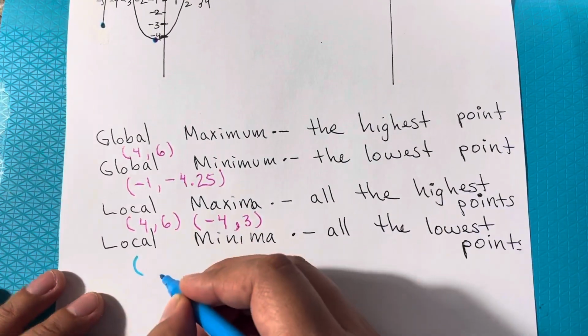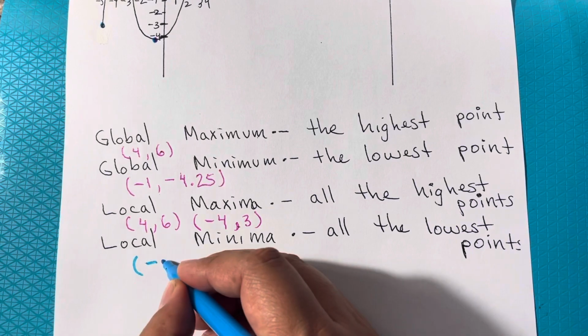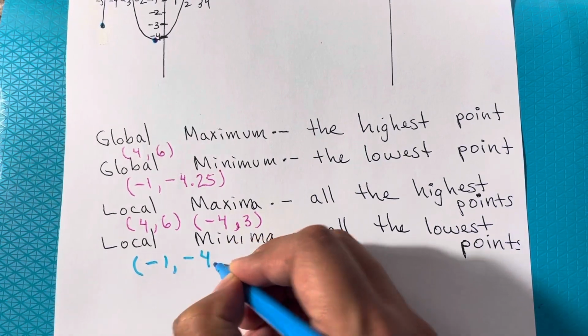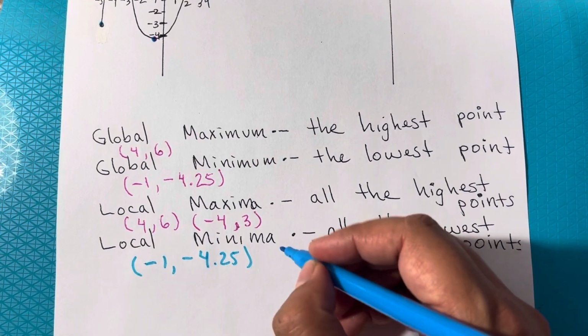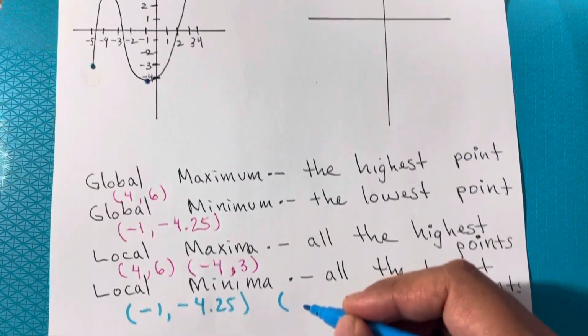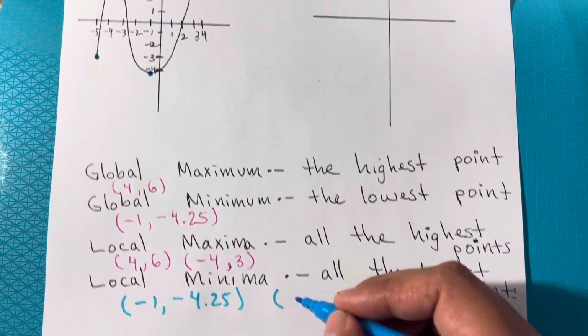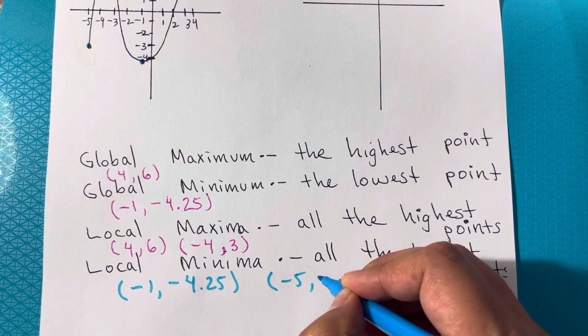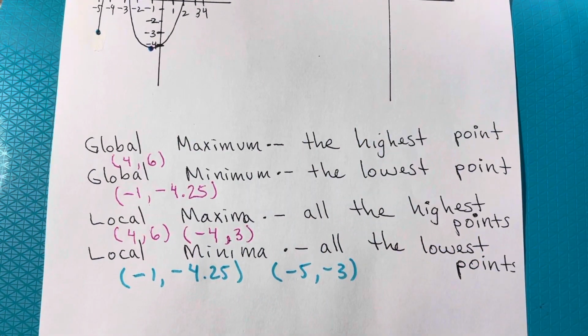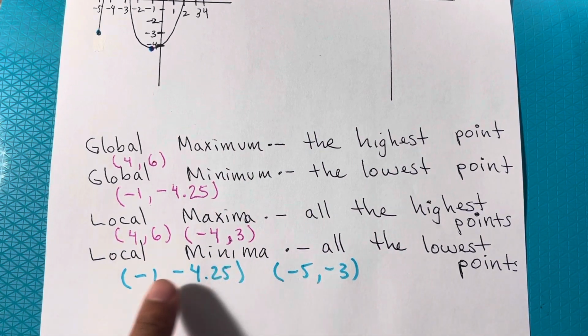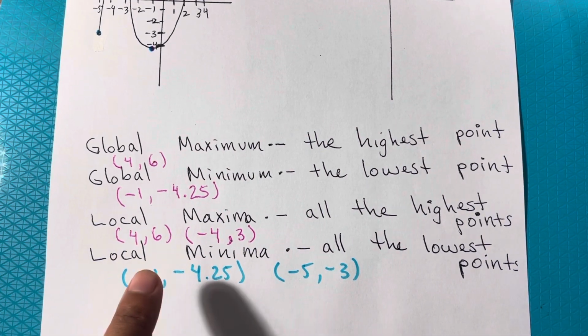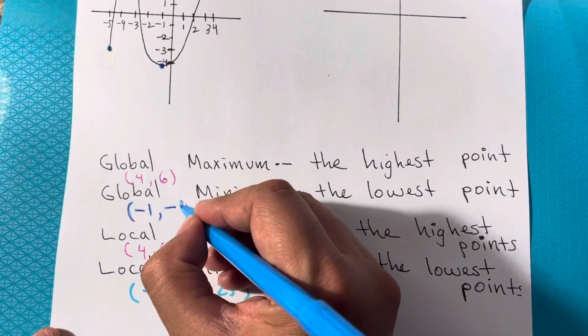So we include the global minimum, which is (-1, -4.25), and also that new point, which is (-5, -3). Those are local minima. Again, for the local minima, we sometimes have more than one, and it includes the global minima.